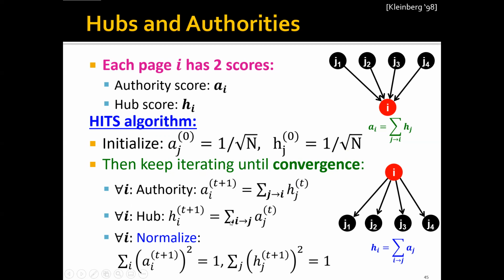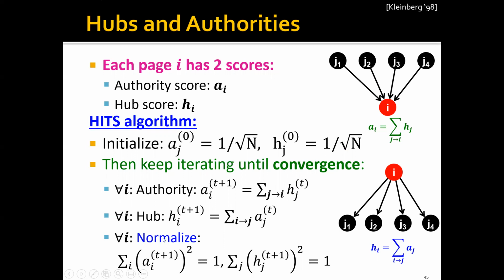For example, to update the hub score of this node I, we will just collect all the authority scores of these nodes, and we sum them up, and this is going to be the new hub score for node I.